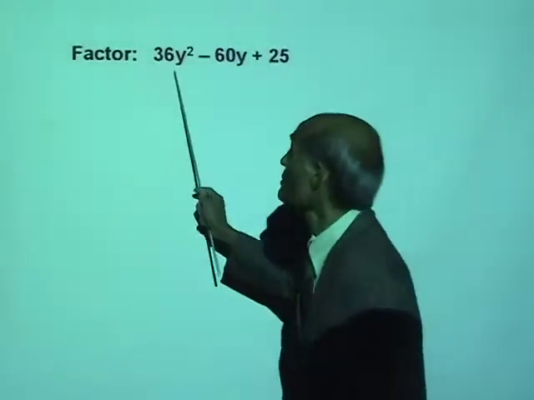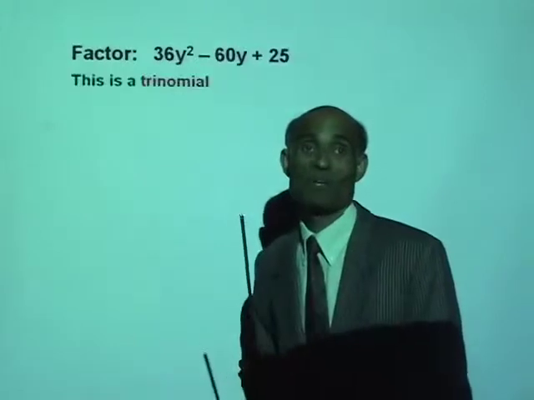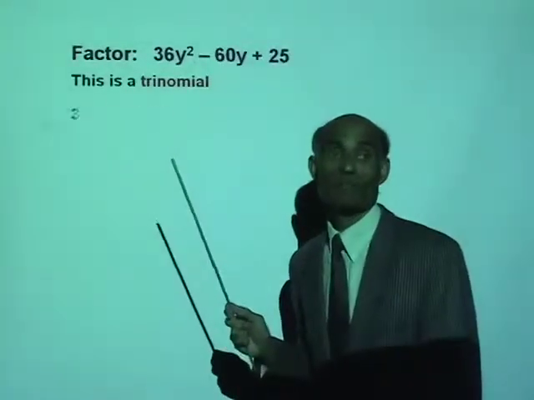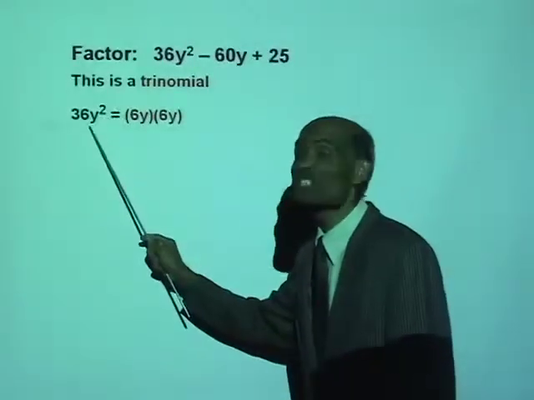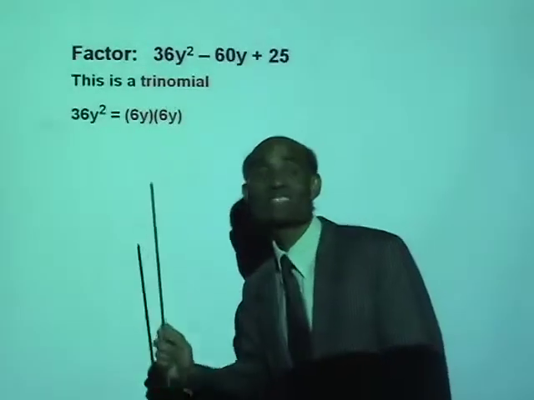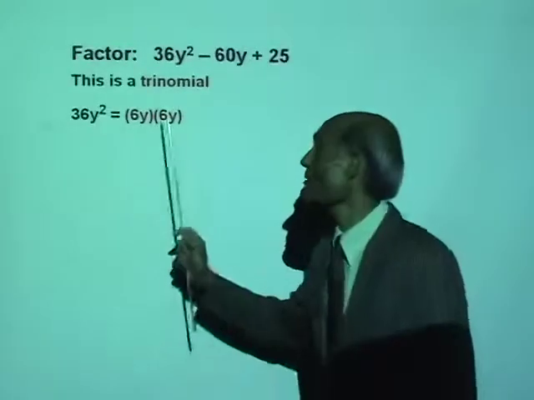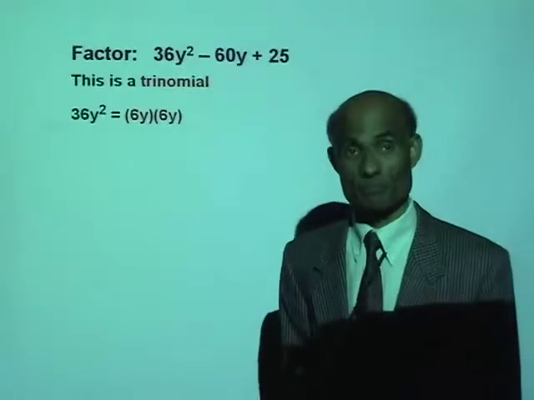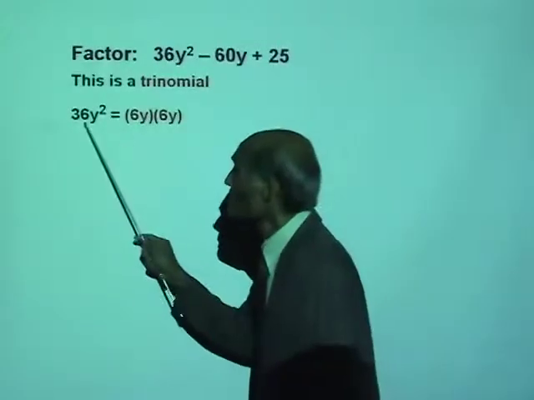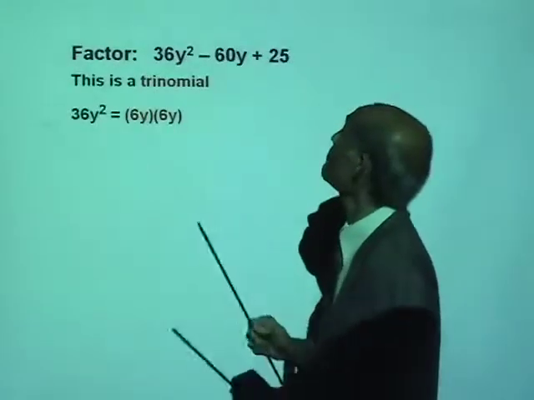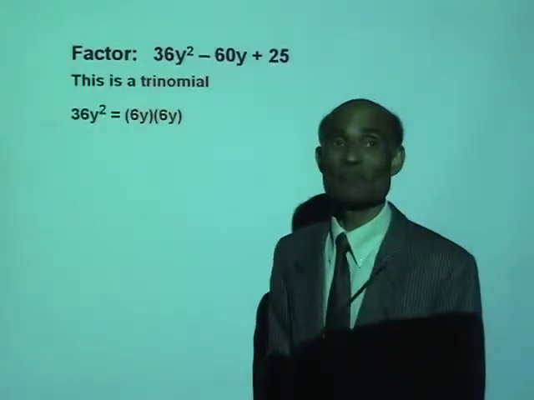Okay, let's start with the first term. This is a trinomial. The first term is 36y squared, and that is factored as 6y multiplied by 6y. You agree with me? I hope so. 36y squared is 6y multiplied by 6y.